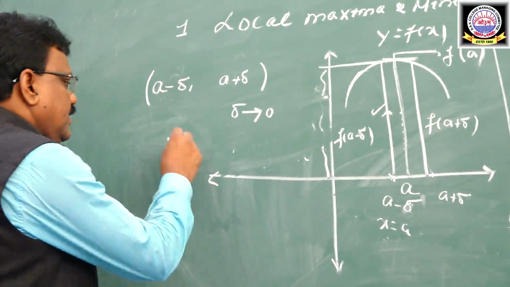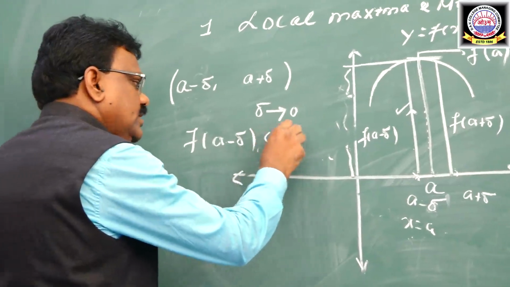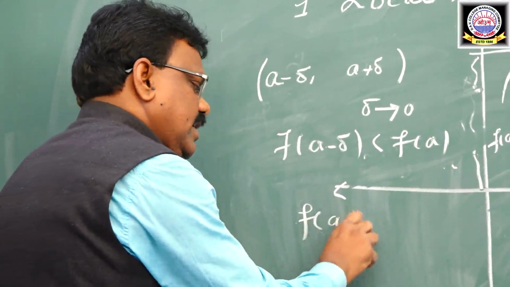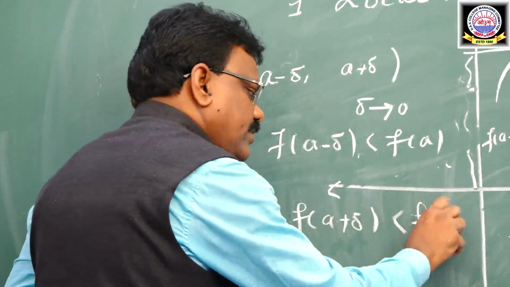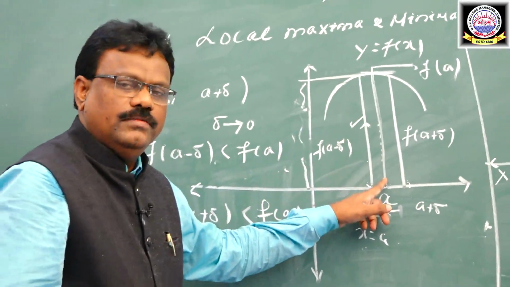So I can say f of A minus delta is less than f of A. Similarly, f of A plus delta is also less than f of A. Both values are less than the middle value.